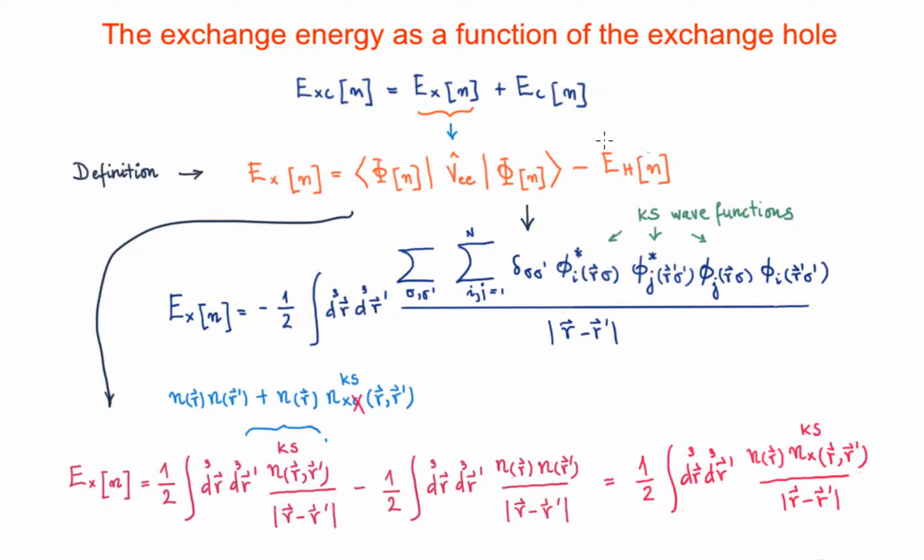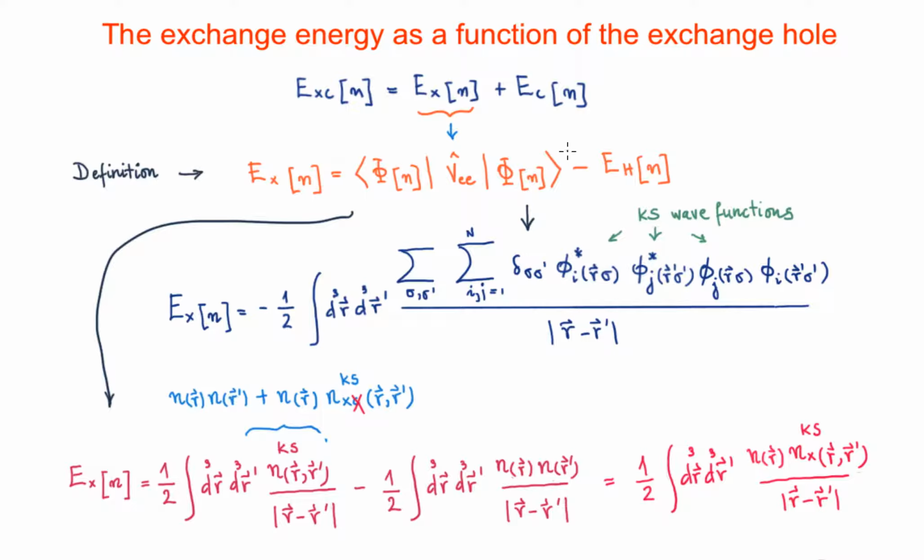So basically we have the average of the electron-electron potential calculated considering the Kohn-Sham wave function, minus the Hartree contribution. So we could calculate that exchange energy functional in terms of these Kohn-Sham wave functions.